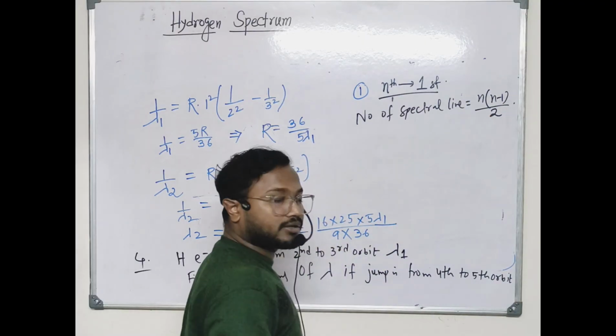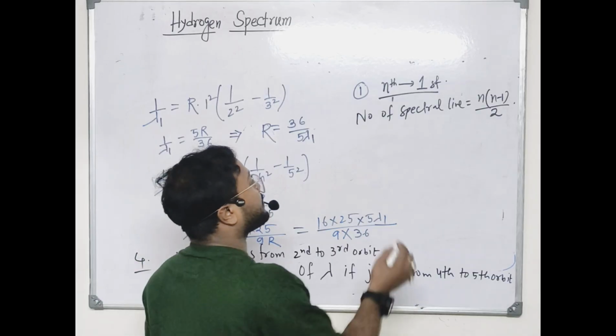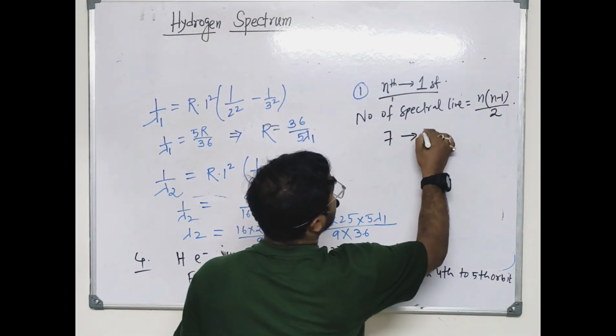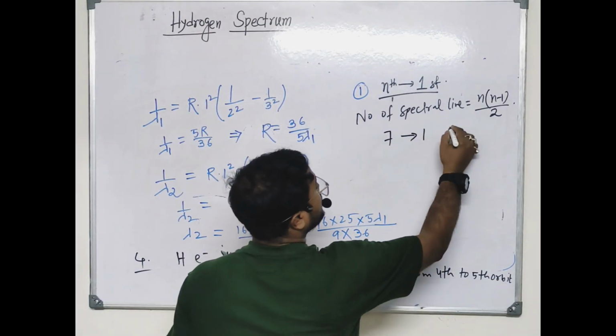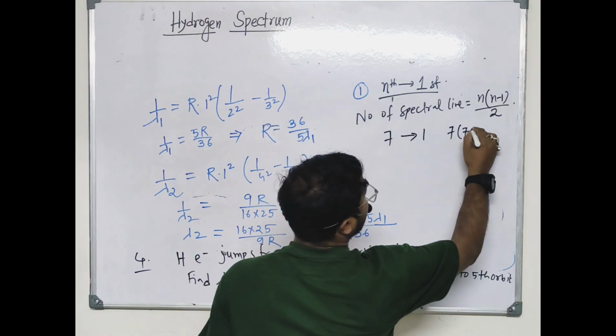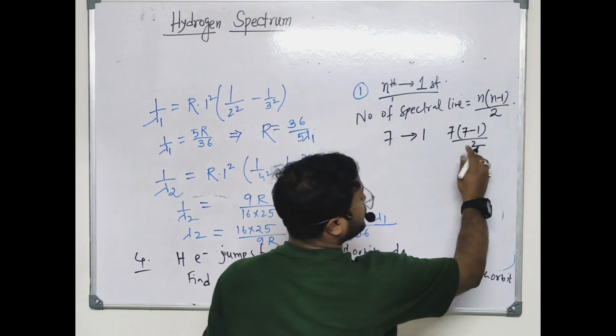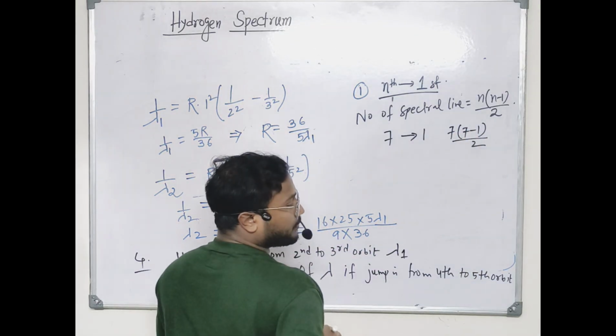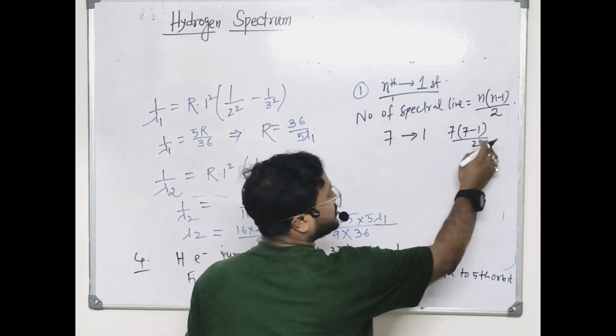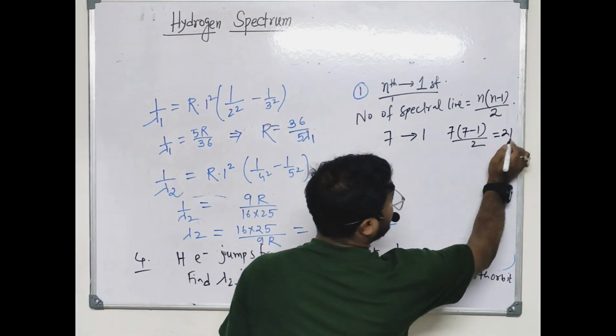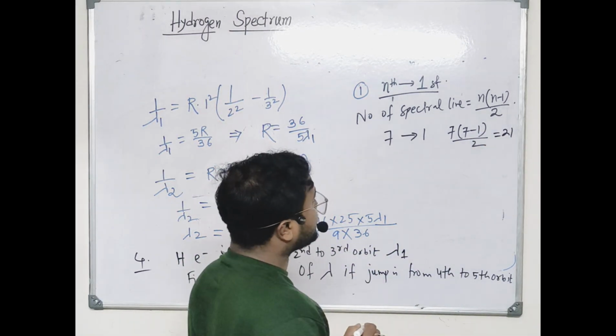By this we can calculate the number of spectral lines. For example, an electron jumps from 7th orbit to first orbit. So the total number of spectral lines is 7 into 7 minus 1 by 2, 7 into 6 by 2, so this is 7 into 3, total 21 spectral lines can be observed.